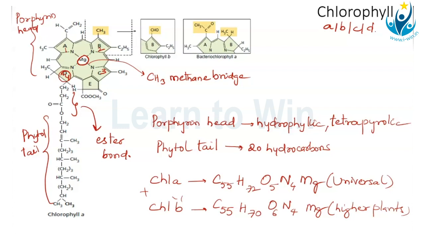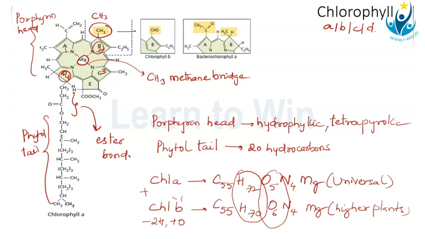Now, if you see the difference between chlorophyll A and chlorophyll B, there is a very slight interesting difference between them. There is a difference of 2 hydrogens and 1 oxygen. Chlorophyll B is deficient by 2 hydrogens and rich by 1 oxygen. Why is this? In chlorophyll A, on the second ring, you have a methyl group, which is CH3.